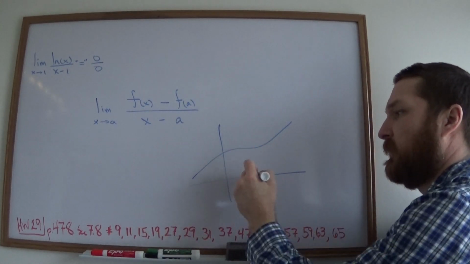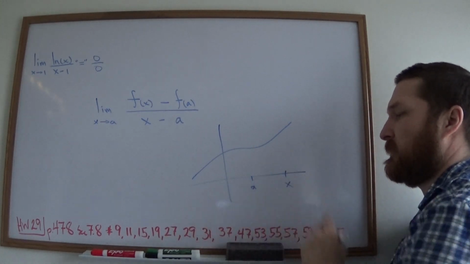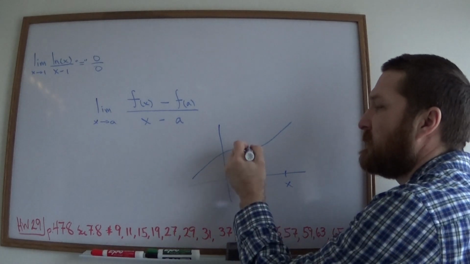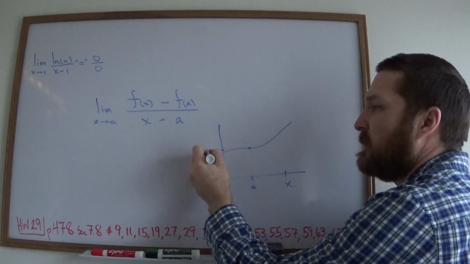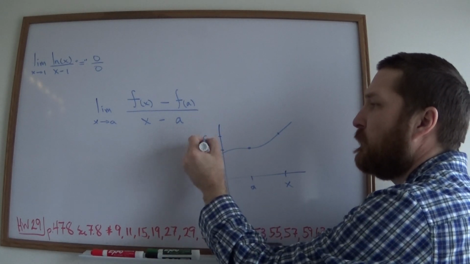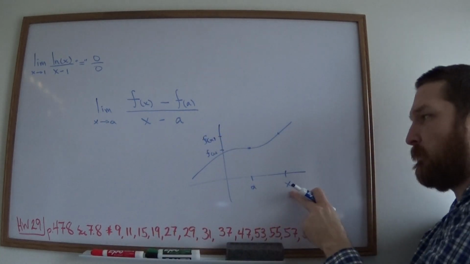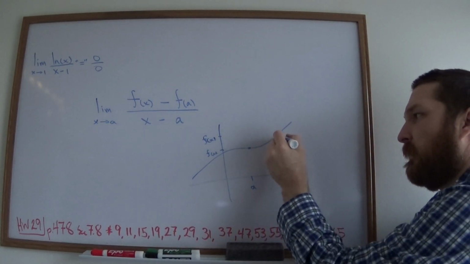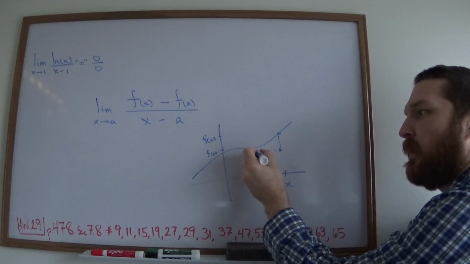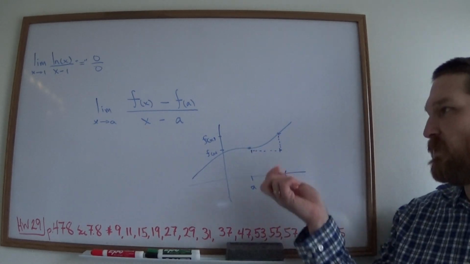We have some function, you have some a, you have some x, or you have an x and an x plus h, whatever. It's the same thing. As one input moves to the other input, the rise and the run both go to 0.